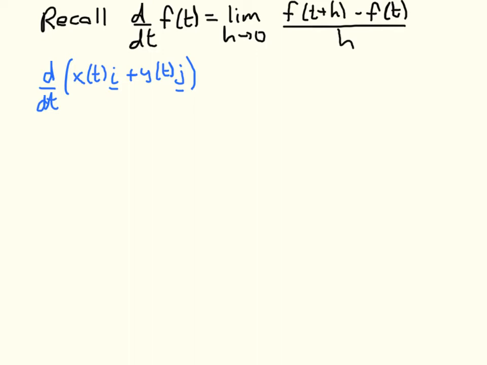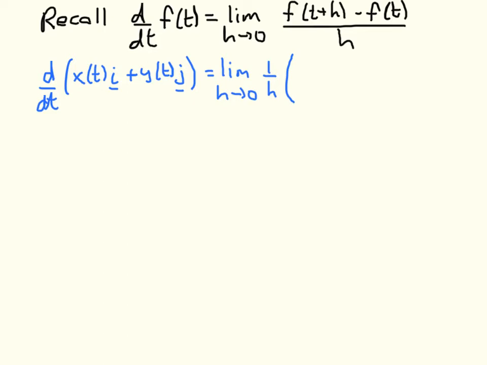So this is going to be the limit as h goes to 0, 1 over h, open brackets, and I'm writing it this way because this is going to now be rather long, and just having 1 over h outside is going to make life a little bit easier for us to follow, I think.